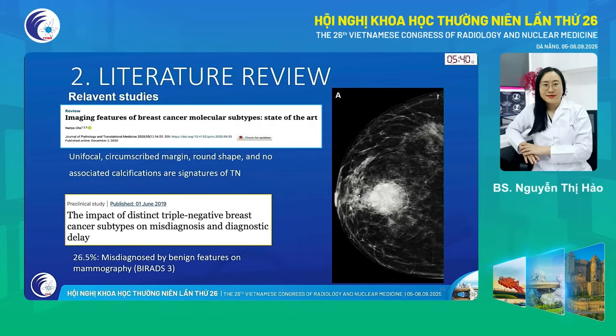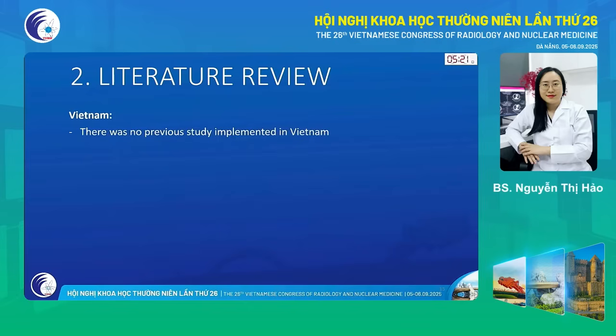Other studies also show that unifocal, circumscribed margins, round shapes, and no associated calcification are signatures of triple-negative. And 26.5% were reported to be misdiagnosed as benign features on mammogram and classified as BI-RADS 3. In Vietnam, there was no previous study implemented.